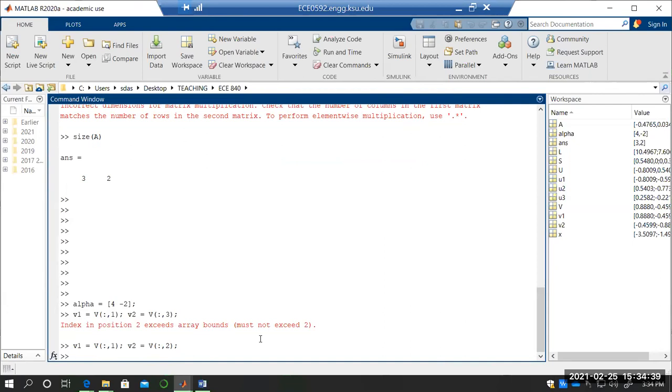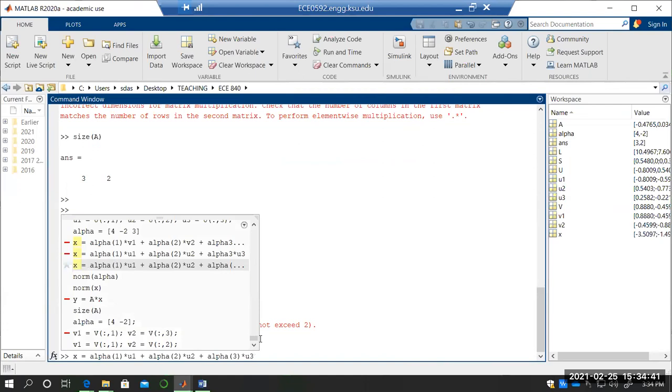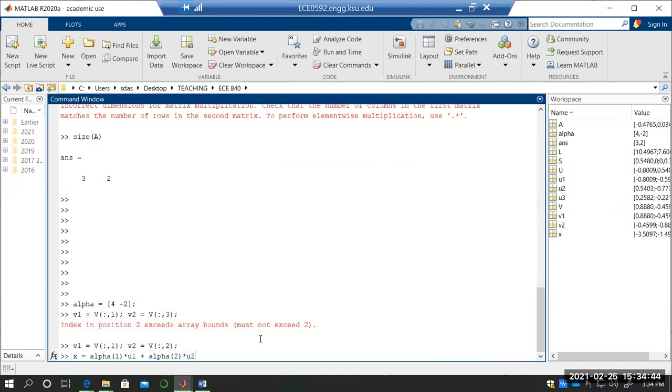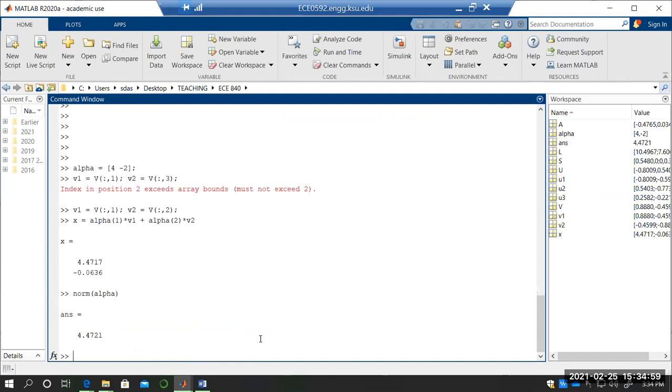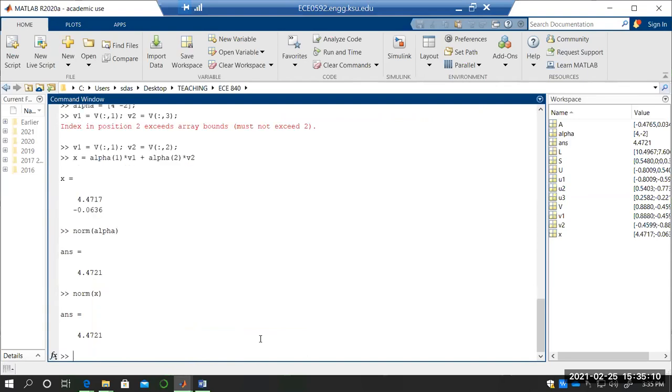Okay, so x equals this. This is my x. Now norm of alpha is equal to this 4.4721, and norm of x would be equal to that.